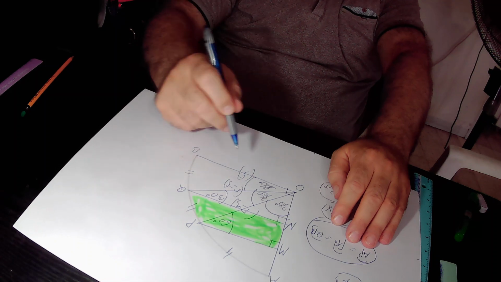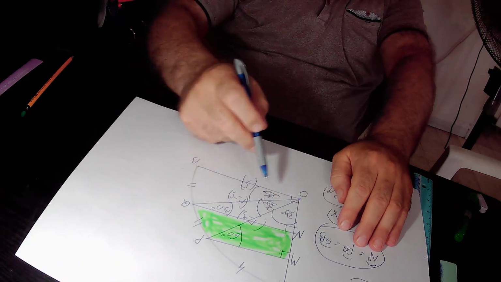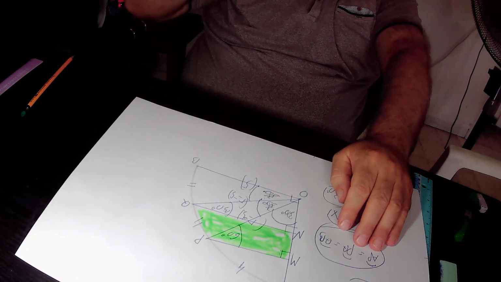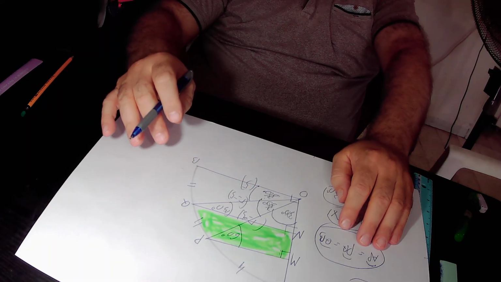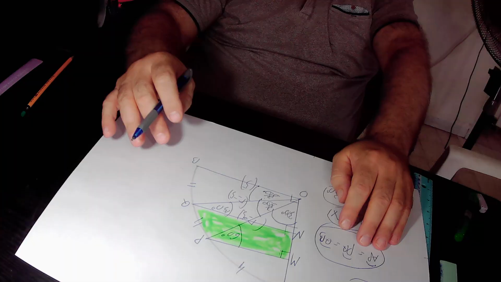In the next step, I'll copy the right triangle MOP and this right triangle NOQ onto a new page, and we will prove that those two right triangles can be superimposed on each other according to the angle side angle rule.